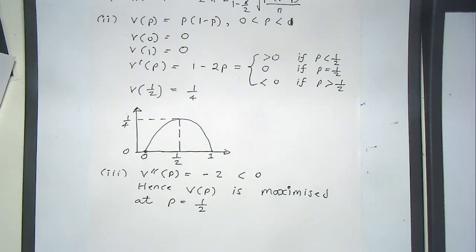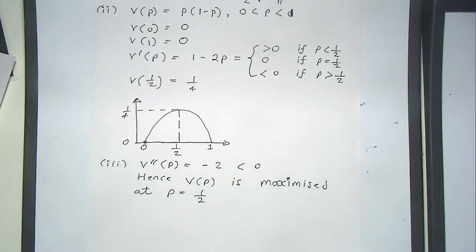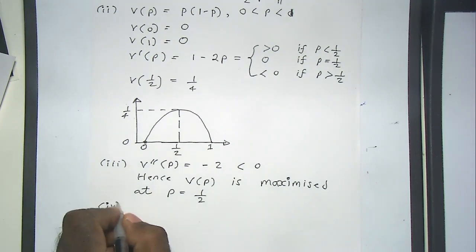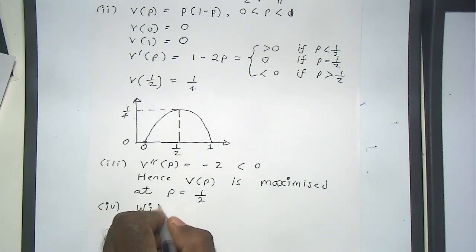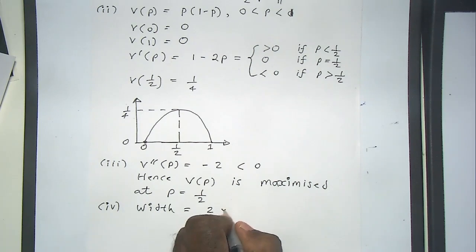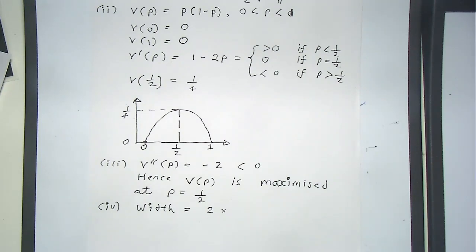Part 4, hence find an upper bound for the width of the 95% confidence interval when n equal to 1000. That's not difficult, because when n equals 1000, the width is going to be 2 times z. 100 times 1 minus alpha is 95%. So alpha is, what would it be?